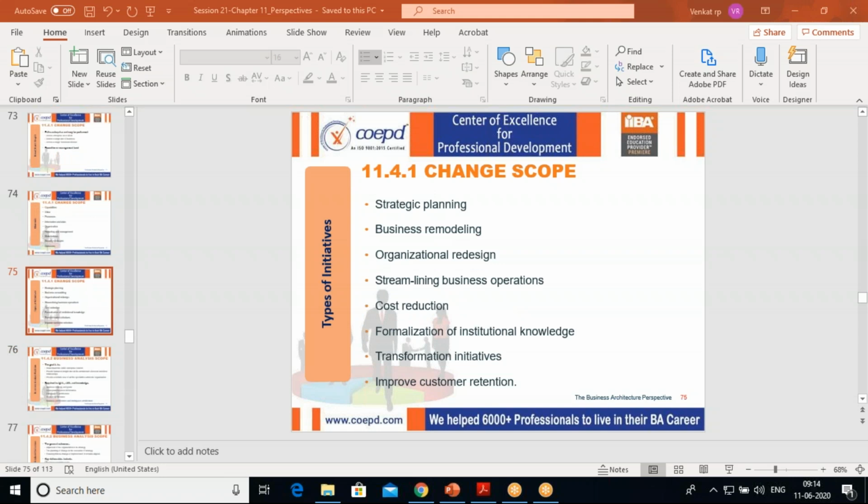Coming to the initiatives: what is the strategic planning, business remodeling, organization redesign, streamlining business operations, cost reduction, formulation of institutional knowledge. All this comes into the picture when you are starting this business: what model are we going to follow? Is it a canteen model, where initially the customer pays, takes the bill, and it is like a takeaway, and you collect the food items from the counter?